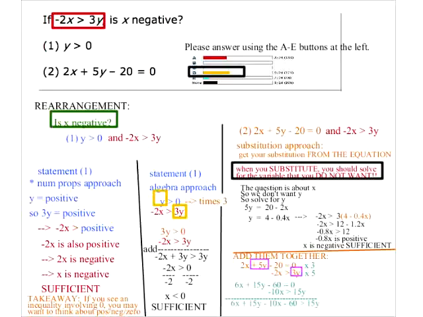So the 15y's go away. You can subtract those out. And if you do, you wind up with negative 4x minus 60 is greater than 0. So negative 4x is greater than 60. If you divide by negative 4, you wind up with x is less than negative 15. So that's sufficient because that's definitely a negative number.